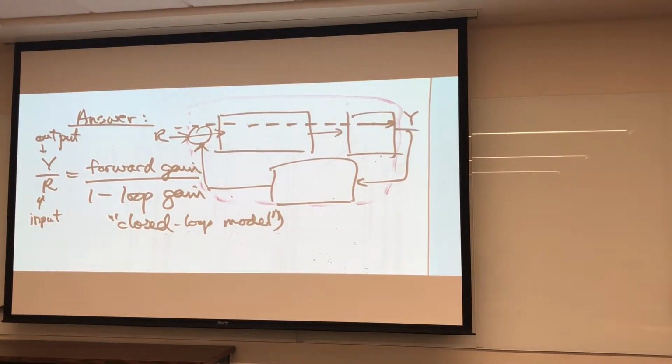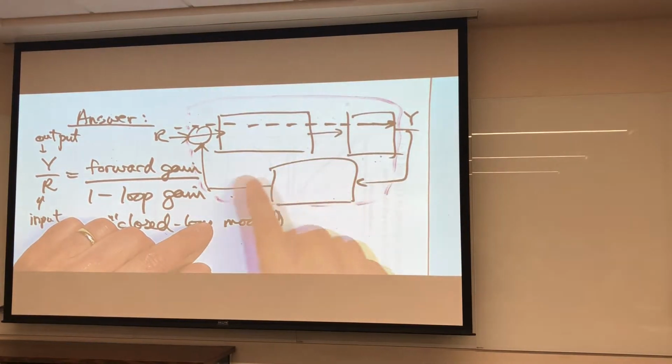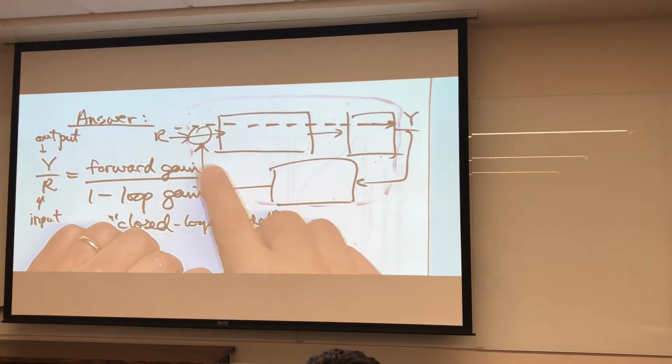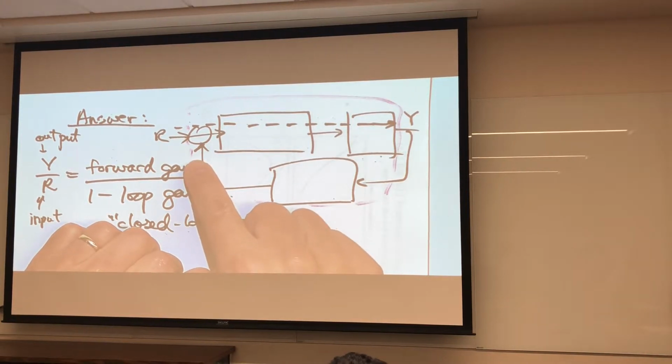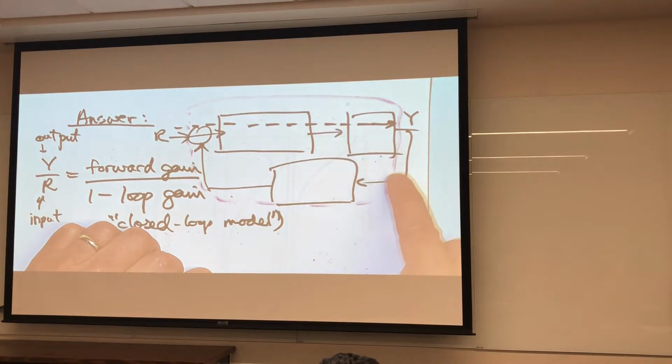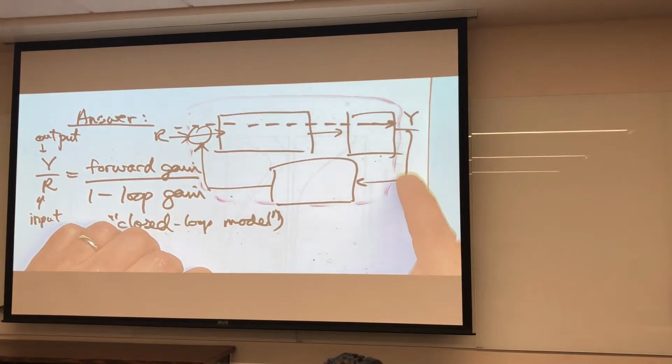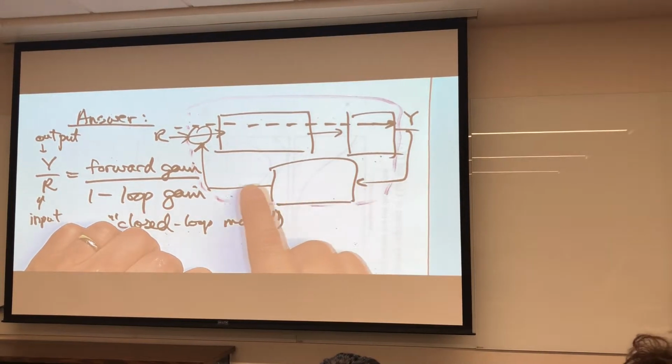Now loop gain is going to be, you see a loop here, and so what we do is we start anywhere in the loop, anywhere. Put your finger somewhere in the loop and ask yourself, what are all the gains that I get? I multiply them all up as I go around the loop one time. So I can start here, go all the way around the loop, picking up that gain.